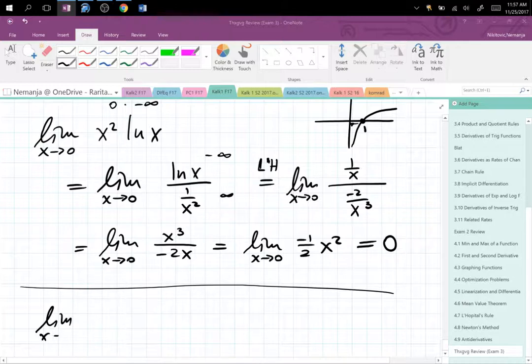So limit x goes to 0 of 1 plus 4x raised to the 3 over x.